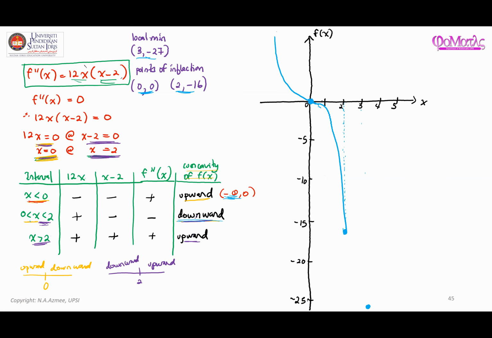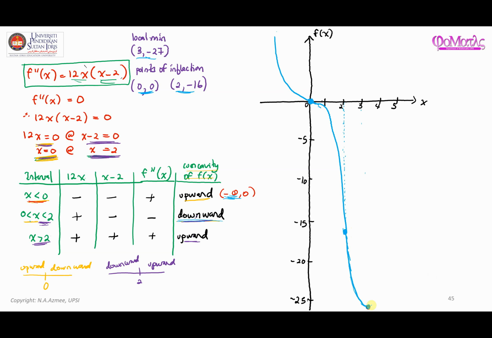So what does it mean? It means the concavity is going to change from downward to upward, so it's going to be like this, similar to the first graph here, upward. So it's going to be like this.